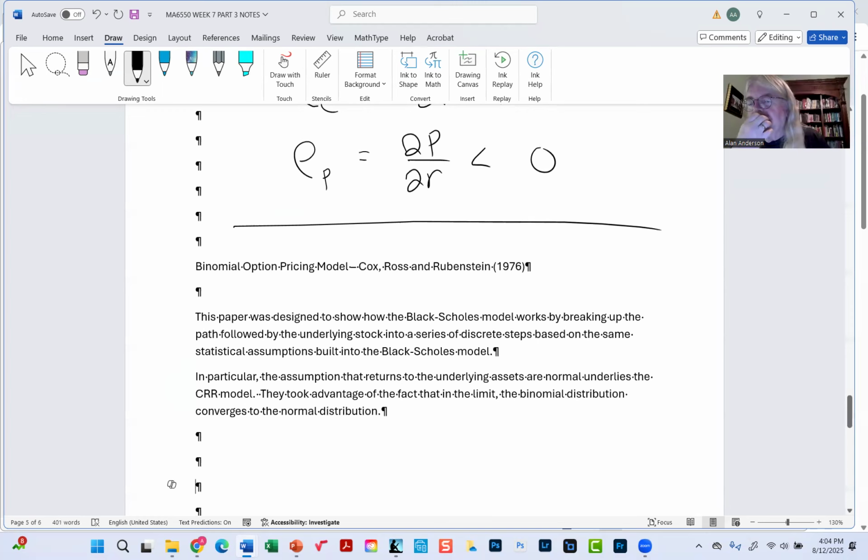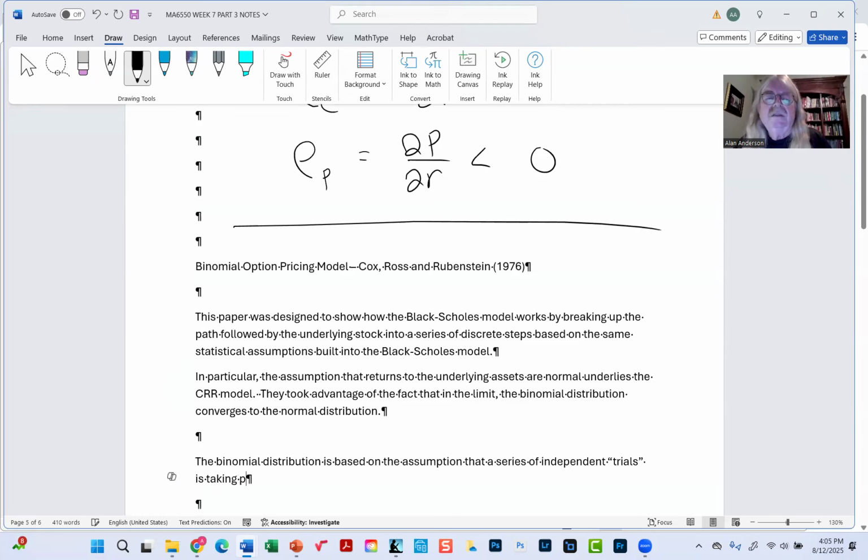If you've never had statistics, what's happening here is that the binomial distribution is based on the assumption that a series of independent trials is taking place. The trials are independent of each other.